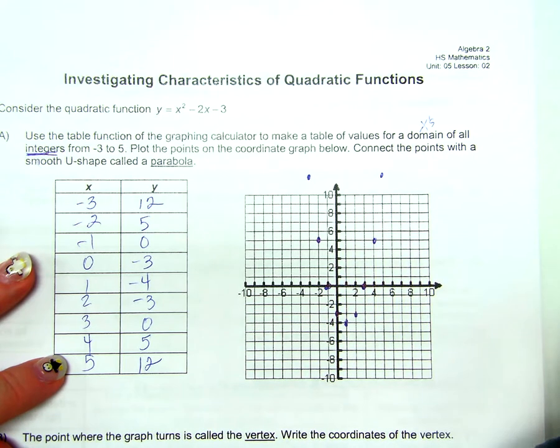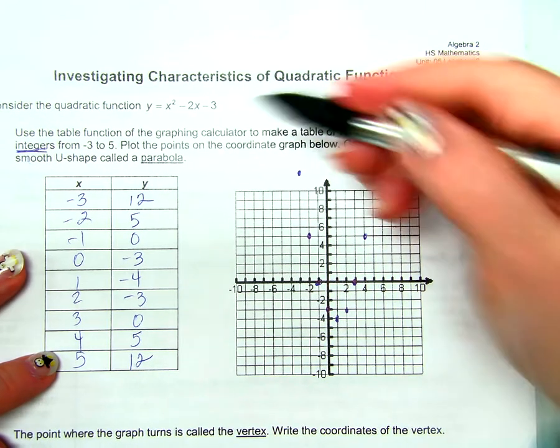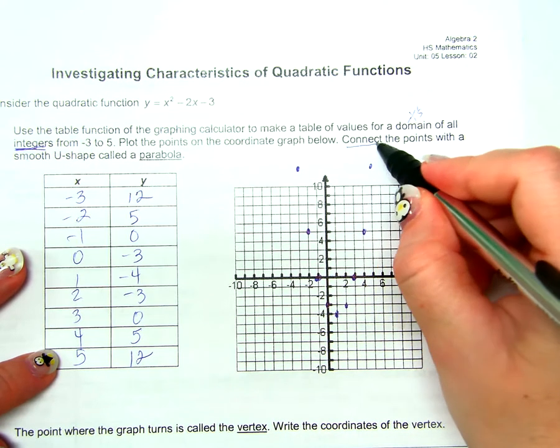Wait, can I connect these points? How do you know? Give me 2 ways you know. It's a function. It gives us an equation. The other way you know is because it tells you to connect them.